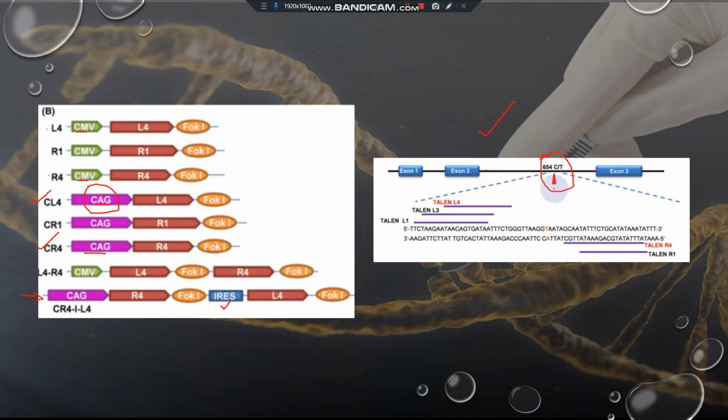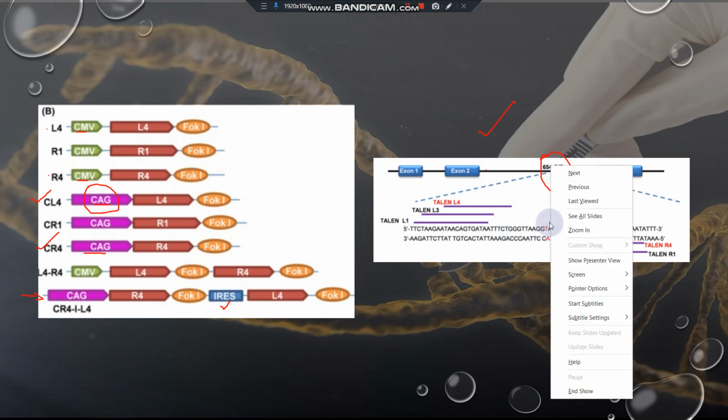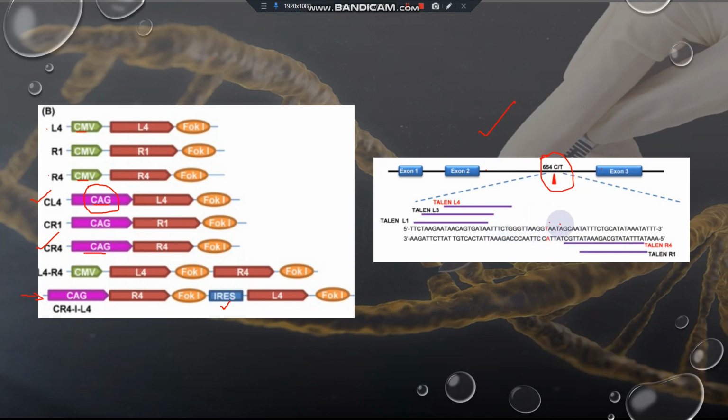The HBB 654 mutation is shown in red. So you can see here we have the mutation. There is a C to T substitution.